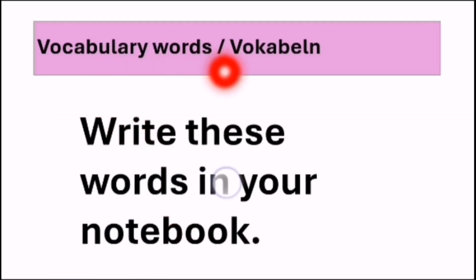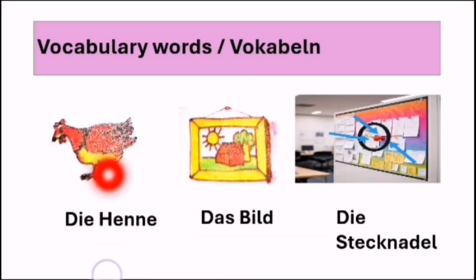So now vocabulary words, Vokabeln. Write these words in your notebook. These are the nouns from book number 1, but it is for your memory and vocabulary. It is very important. Die Hanna, das Bild, die Stecknadel. Stecknadel means this one, this pen, or pin. I'm sorry, the pin, not pen. Okay? Through which we stick some things, papers on a notice board.